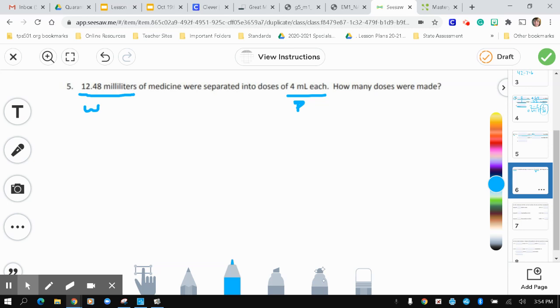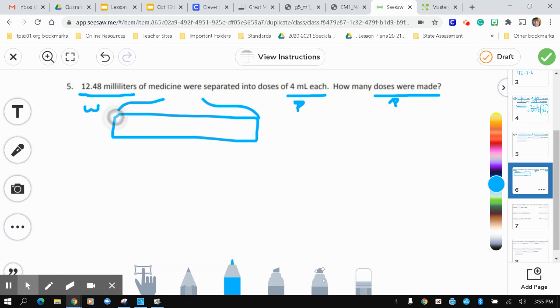But we don't know how many doses were made, how many of each bottle, or however many they could make of 4 milliliters. That's our other part. So when we think of a tape diagram, if you remember tape diagrams, we do know the whole for this tape diagram. It's 12 and 48 hundredths. And they make a vial of medicine and it's 4 milliliters.